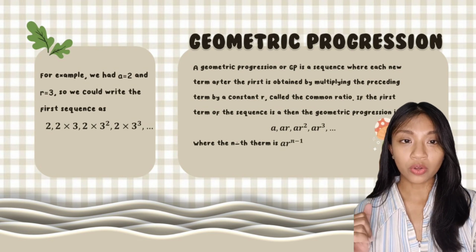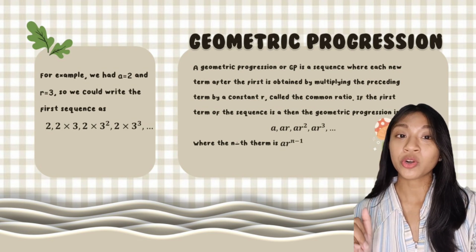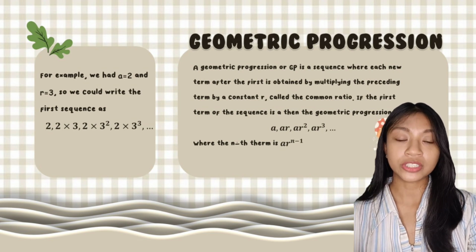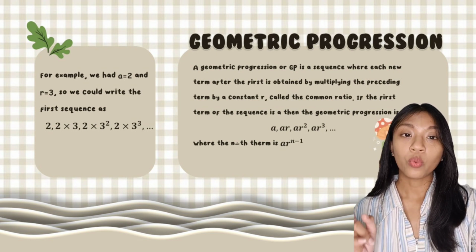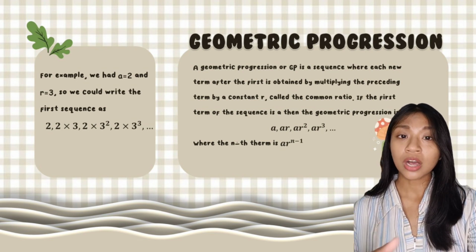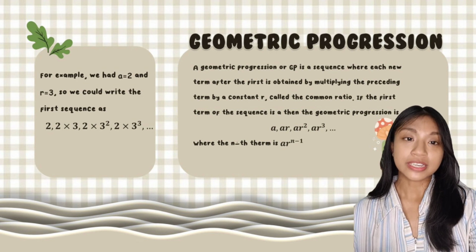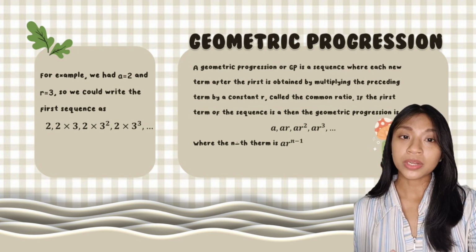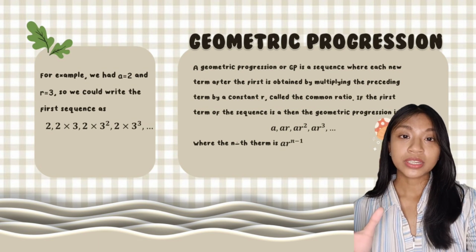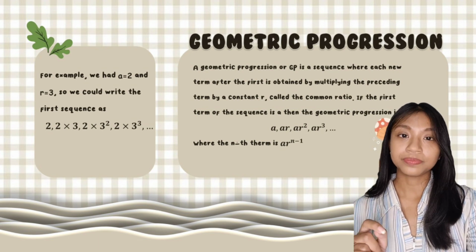Let us write down a general geometric progression using algebra. We shall take a to be the first term, as we did with arithmetic progression. But here, there is no common difference. Instead, there is a common ratio, as the ratio of successive terms is always constant.